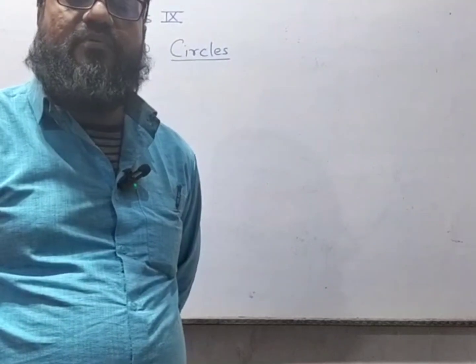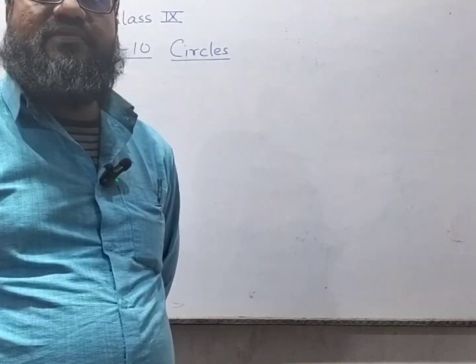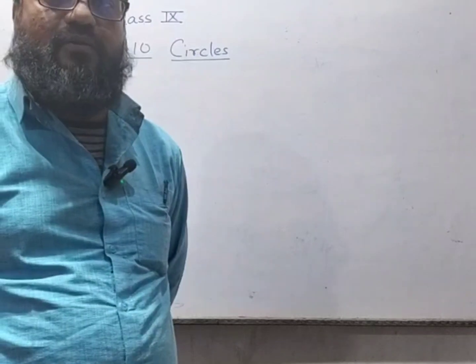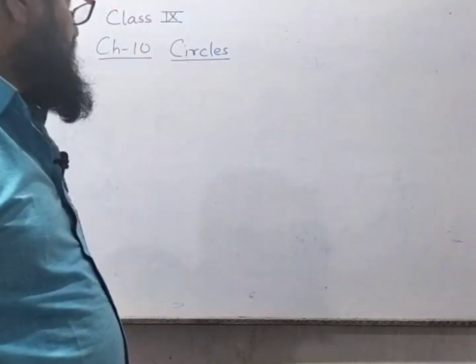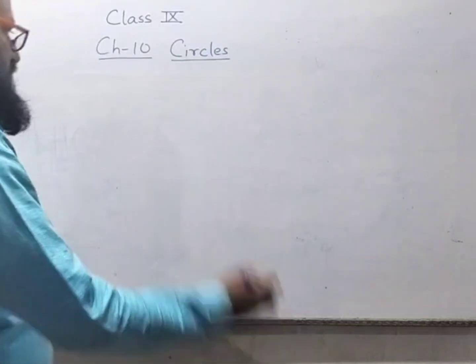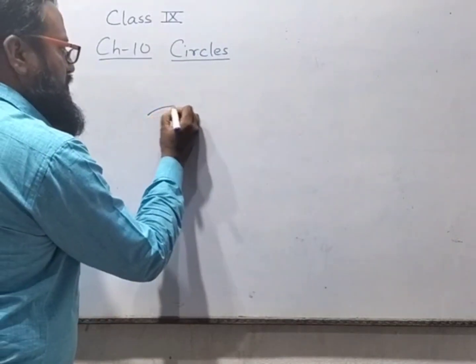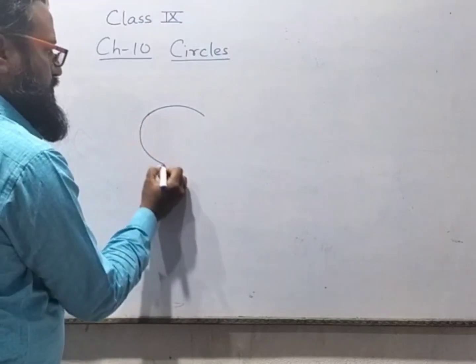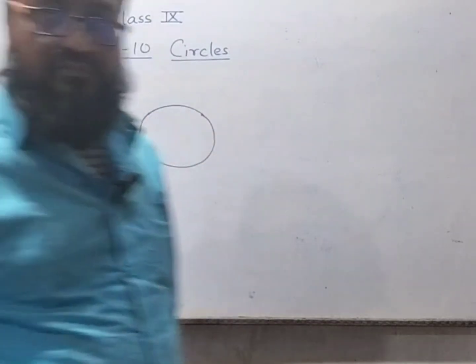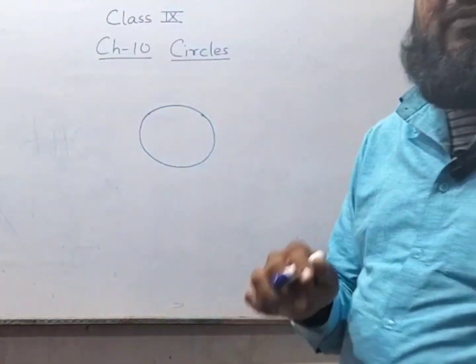Before starting the theorems, first of all, we shall try to clear the concept regarding each and every point of circle. Okay? First of all, we shall learn what is circle. You know, this is a circle. Actually, I have not a compass.